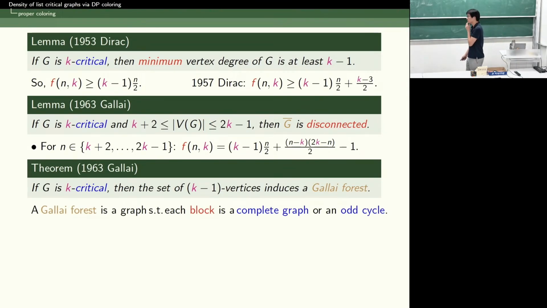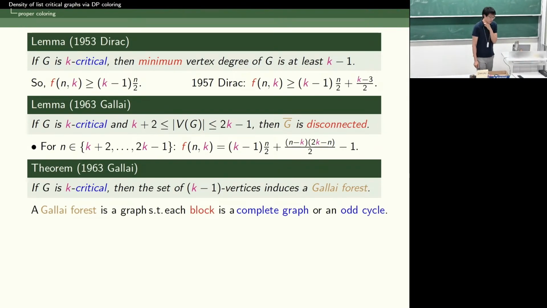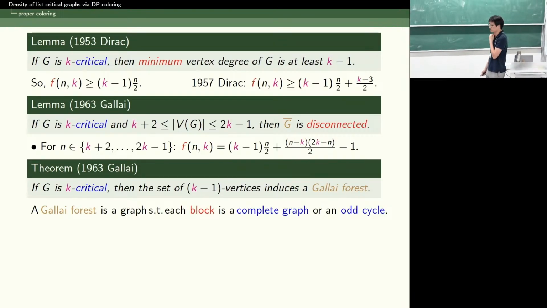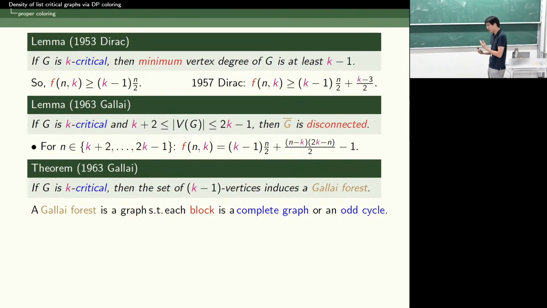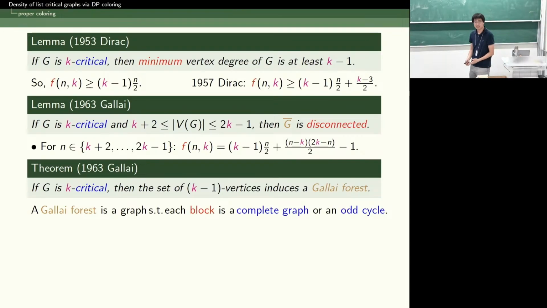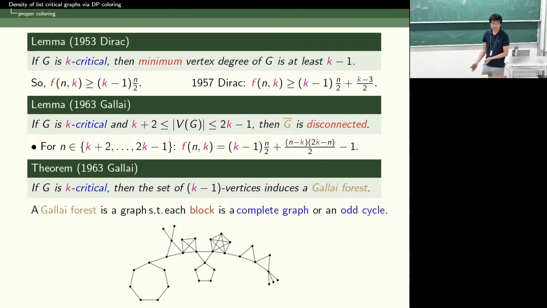So in general, what Gallai proved is that if you're a k-critical graph, and if you look at the vertices of minimum degree, and because the minimum degree is k minus 1 by this lemma by Dirac, he said, okay, if you look at all the vertices with lowest possible degree, then it will be a Gallai forest. And what's this Gallai forest? It's written there. It's a graph where each block is a complete graph or an odd cycle, and it looks like this.